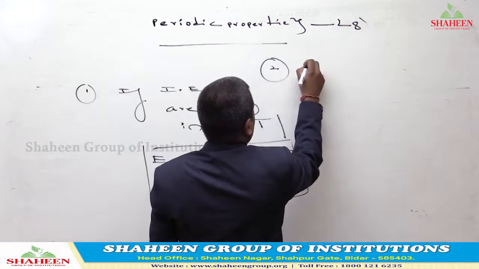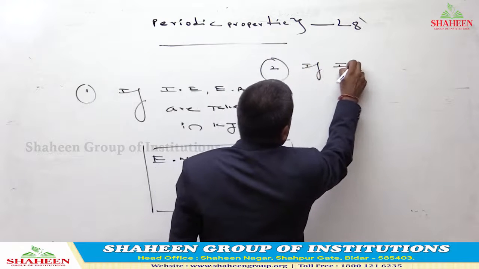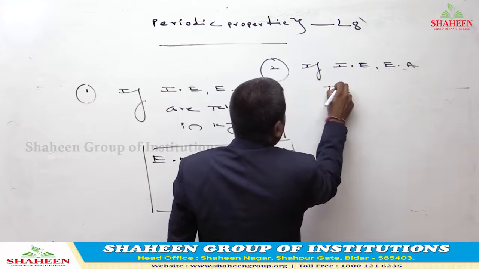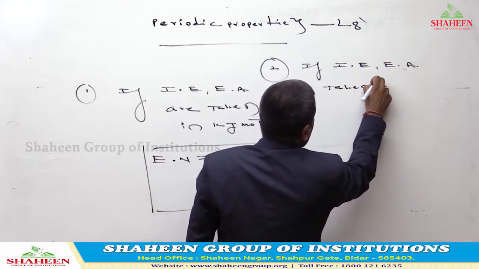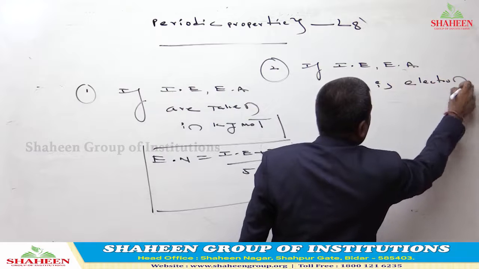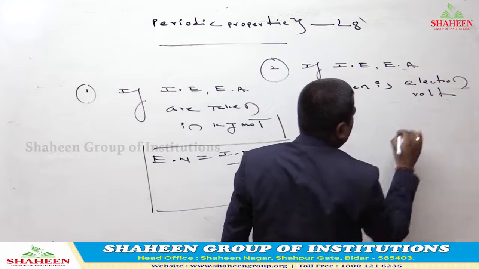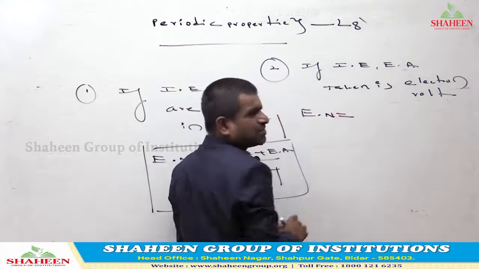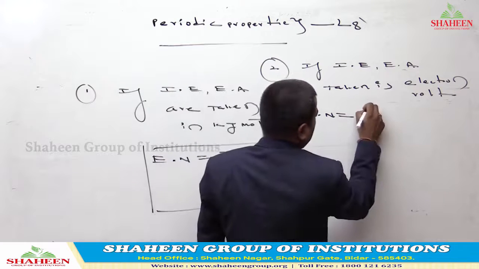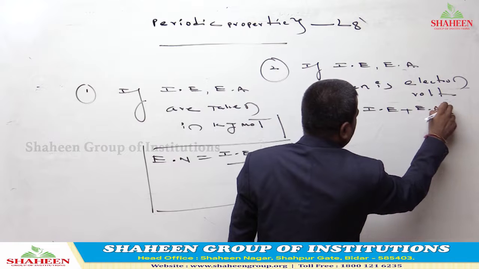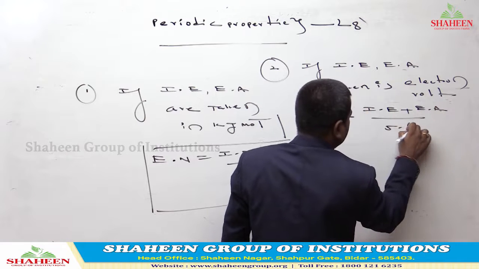Second point: if IE and EA are taken in electron volts, then electronegativity of an atom is calculated by using this formula: ionization energy plus electron affinity divided by 5.6.